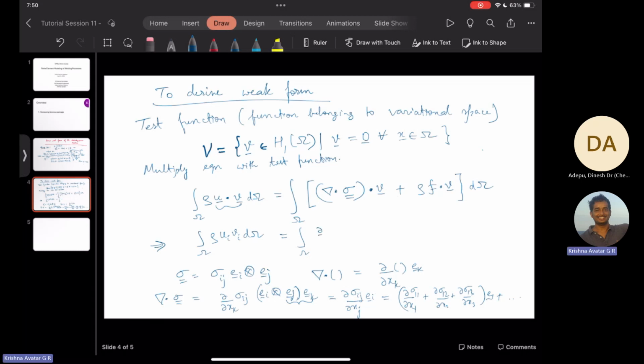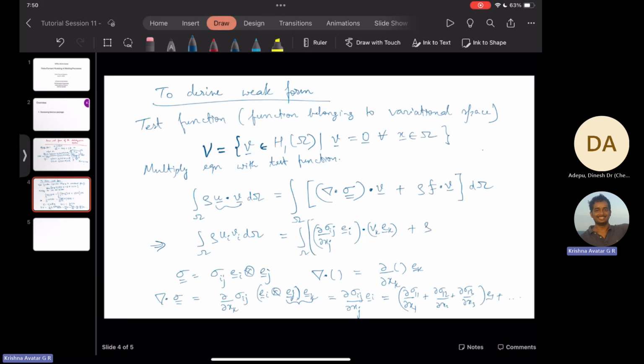So it will be partial by partial x_j of sigma_ij, and then e_i, and then there is this dot. Right now let's just keep it like this. So we'll put v_k and e_k vector, because let's do some more simplifications here.